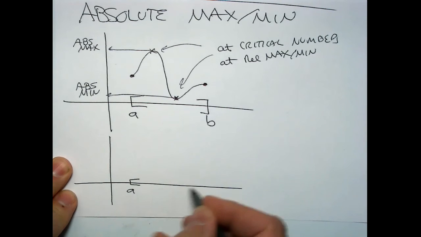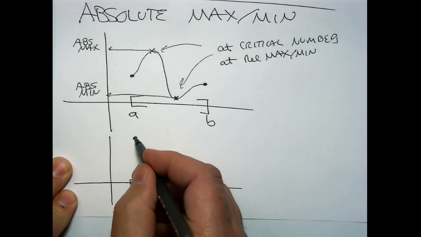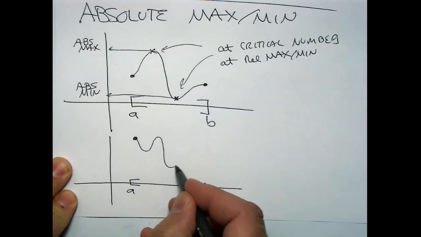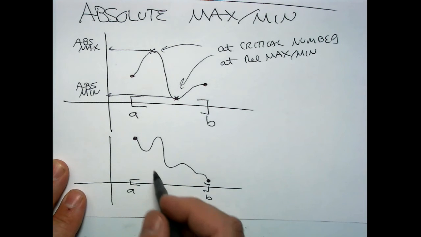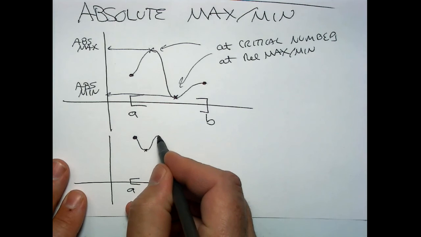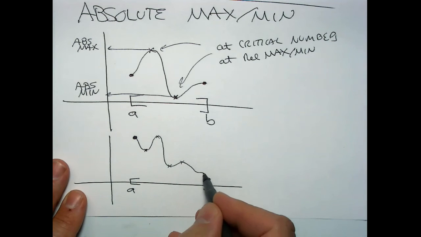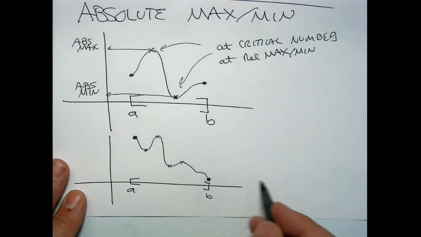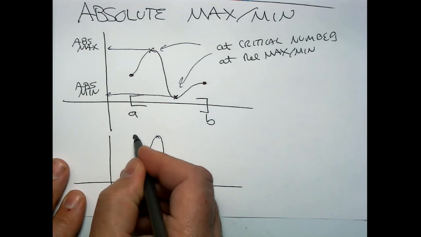A and B. There's no question that there are many hills and valleys. Here's a valley, here's a hill, here's a valley, here's a hill. There might even be, well, no, that looks more like a flat spot in there, so I'm not going to call that a hill or a valley. But I'm going to push this up just a little higher so it doesn't interfere with that one.